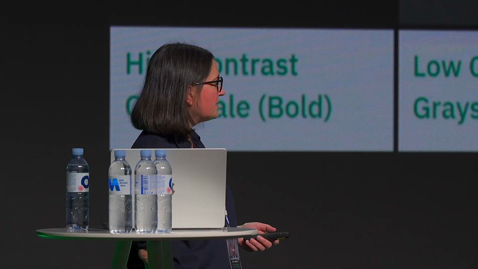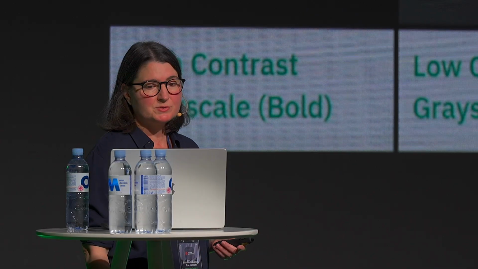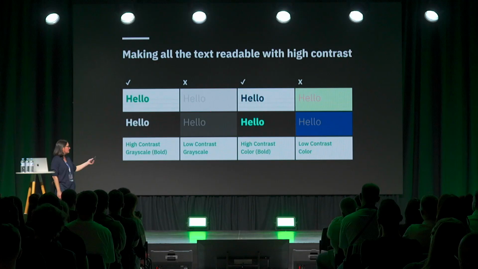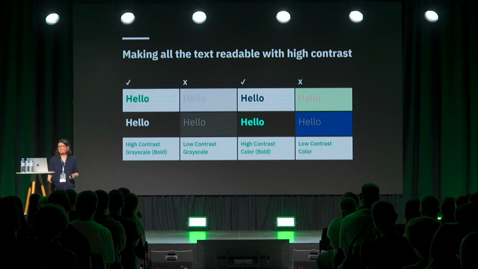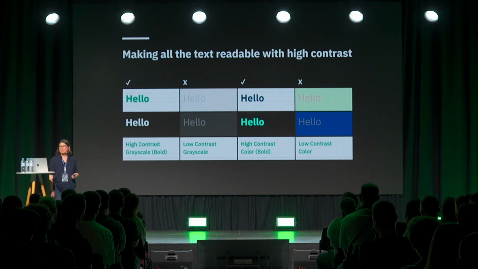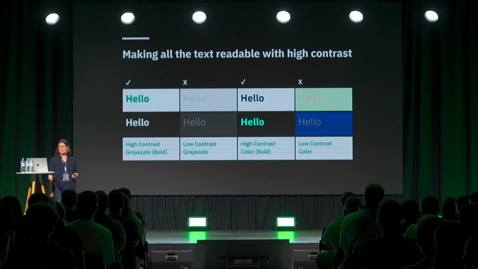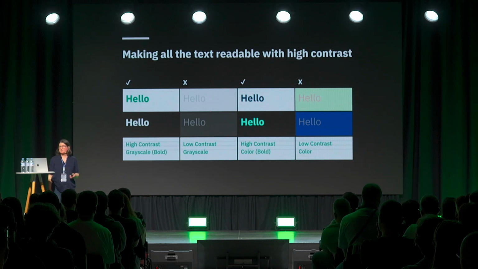These increase the legibility for all users compared to the low contrast grayscale where it's harder to read. Globally, there's 300 million people that are visually impaired and also 300 million that are colorblind. So high contrast designs support these users to ensure the content is read and understood.